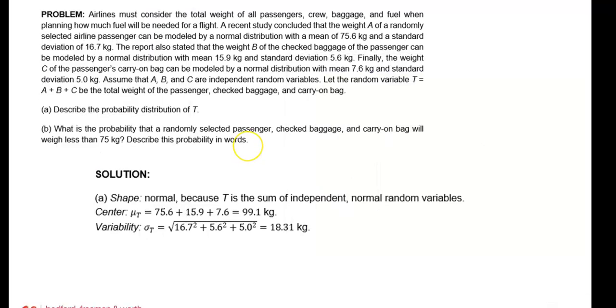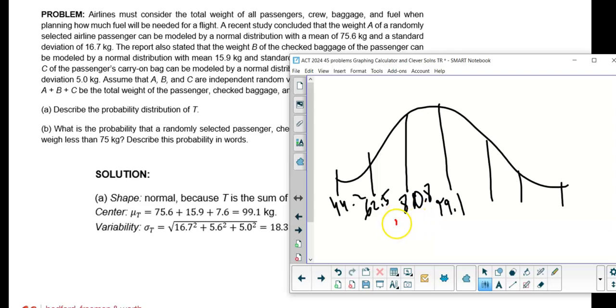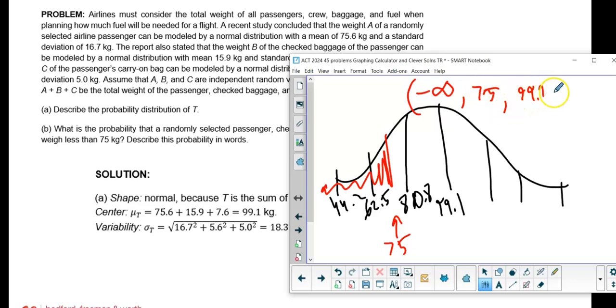75, what's the question ask? 75 kilograms or less, way less than that, right? So 75 is somewhere in here. So we're shading less than. Lower bound is negative infinity, norm CDF, upper bound is 75, putting the mean of 99.1, a standard deviation of, I believe it was 18.3.